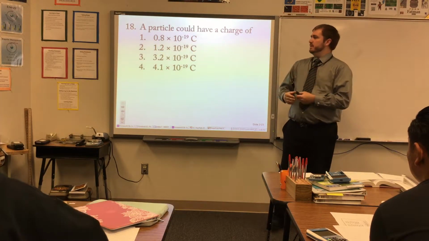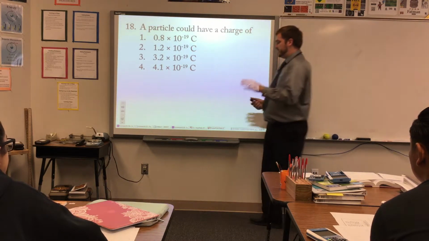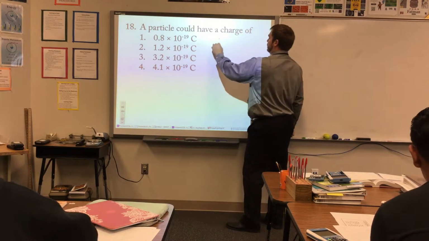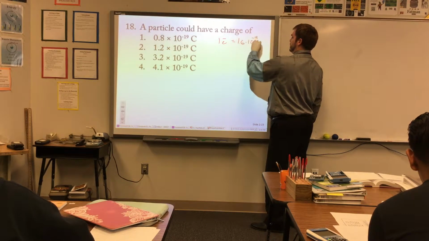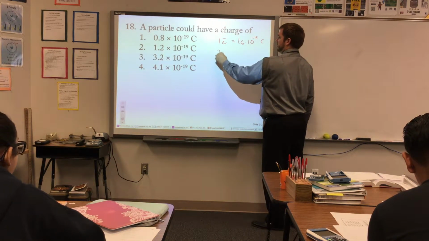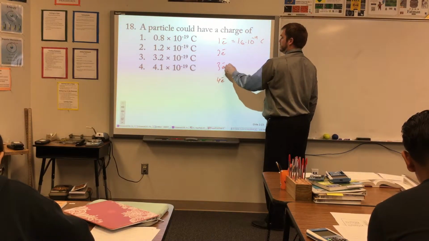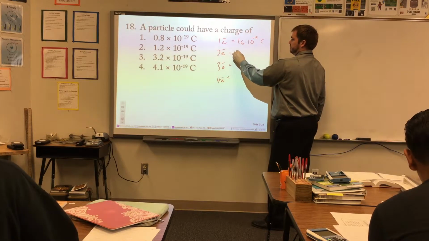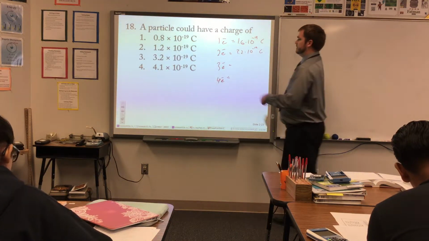So it would have to be a whole number of 1.6 times 10 to the negative 19. One electron is 1.6 times 10 to the negative 19 coulombs. That means you could have 2 electrons, or 3 electrons, or 4 electrons, but you couldn't have anything in between that. 2 would be 3.2 times 10 to the negative 19. Is that an option? Yeah. Boom. There you go.